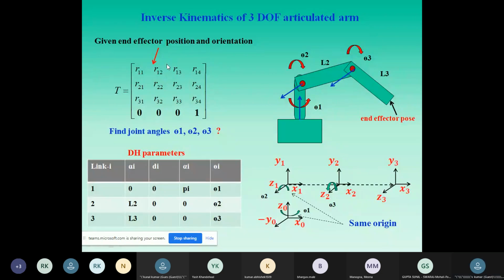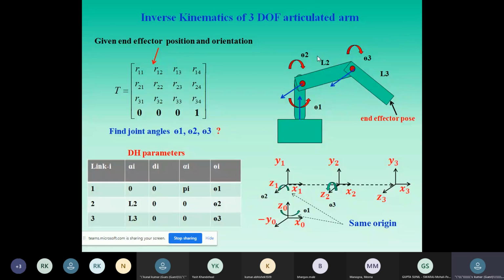It means the theta 2 and theta 3 rotation joint axes are parallel to each other, while the theta 1 rotation joint axis is perpendicular to theta 2 and theta 3. So the manipulator configuration is given.